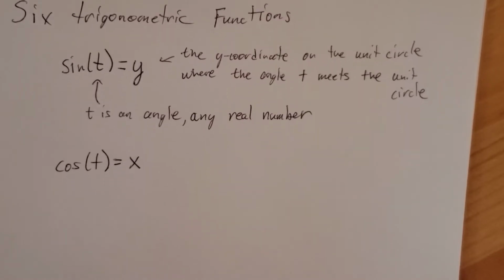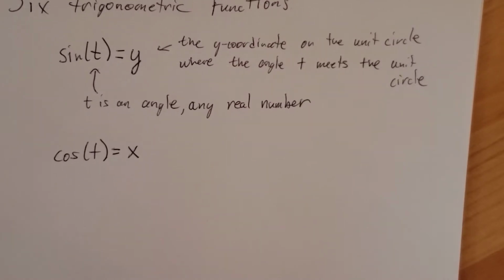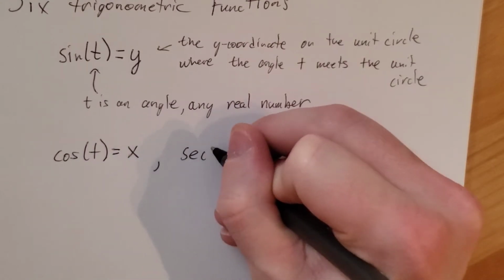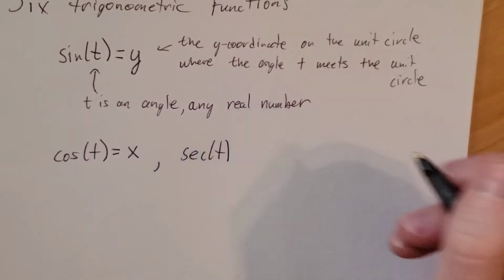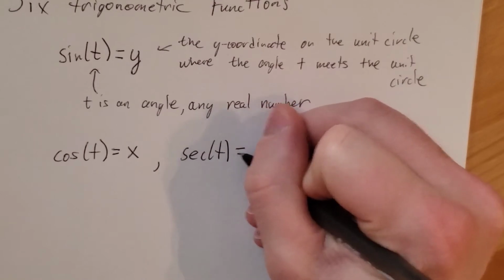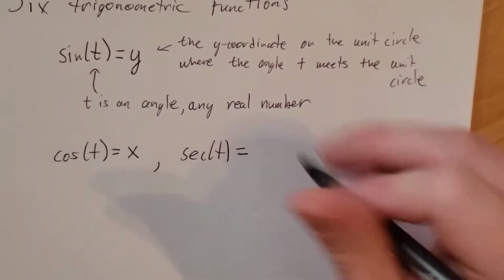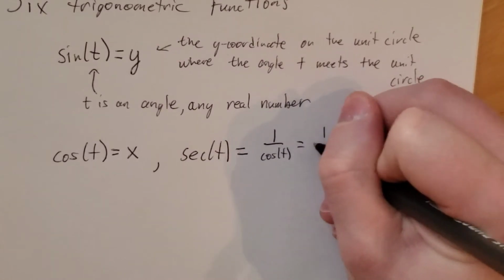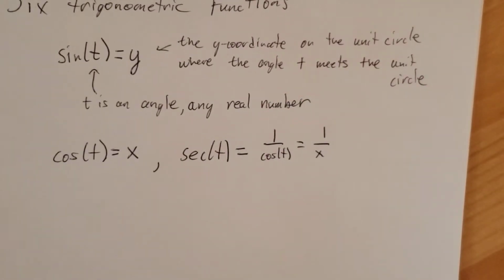We also define 4 others, and those are secant of t, which is 1 over cosine, which is 1 over x.